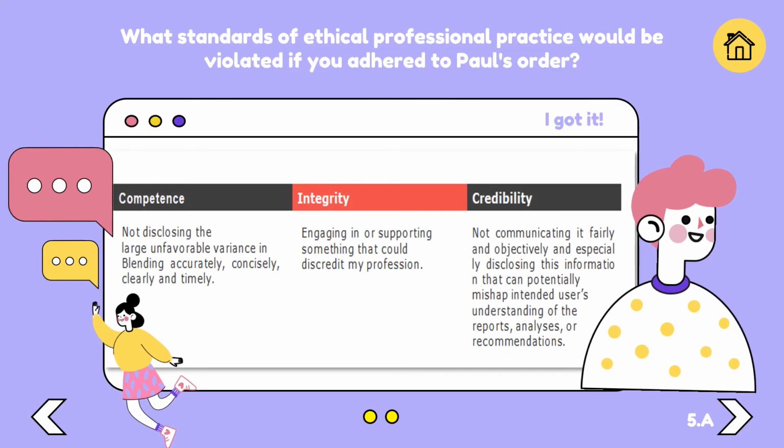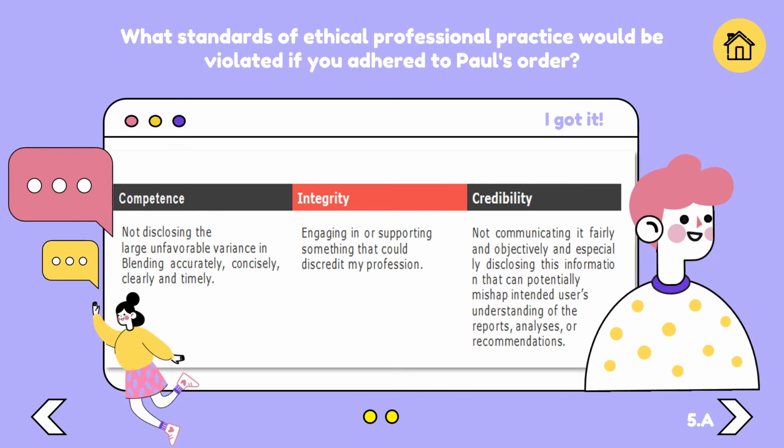A question would be, what standards of ethical professional practice would Tom violate if he adhered to Paul's order? Well, if he were to follow Paul's order, he would be violating 3 of the Institute of Management Accountants' ethical standards, which are, first, competence, which could be seen by not disclosing the large unfavorable variance in blending accurately, concisely, clearly, and timely.